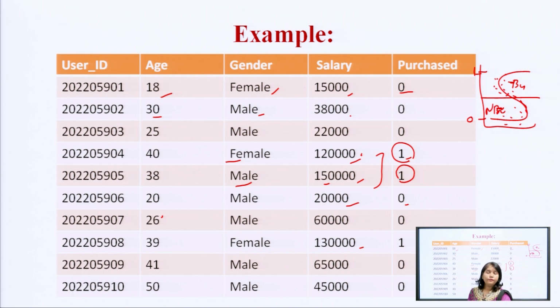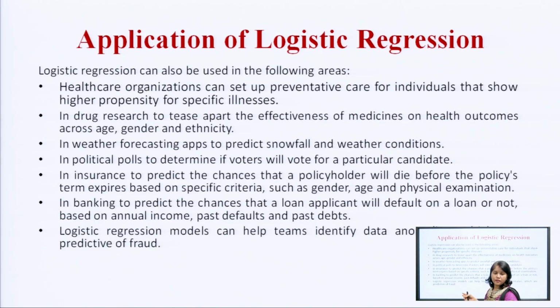On the basis of this example, you can give your prediction in any of the areas. Some other areas where you can apply logistic regression are, for example, healthcare organizations. A healthcare organization will set up preventive care for individuals that show a higher propensity for a specific illness.